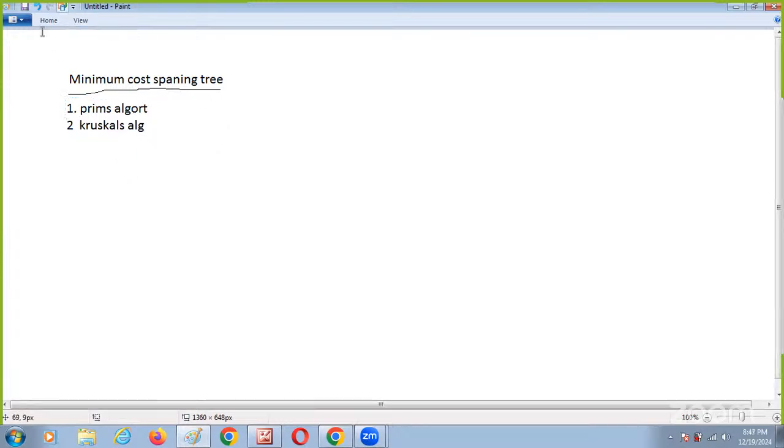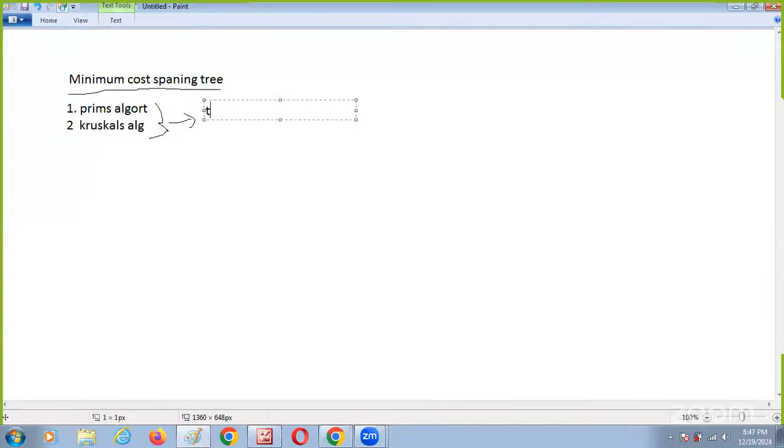What is the purpose of Prim's and Kruskal's algorithm? Why do we need these 2 algorithms? To find out the minimum cost spanning tree.